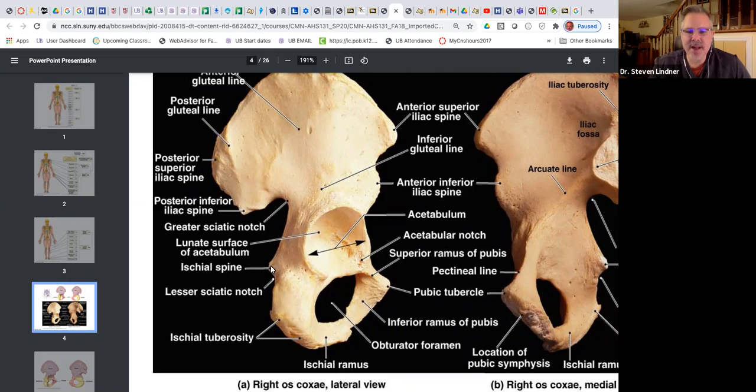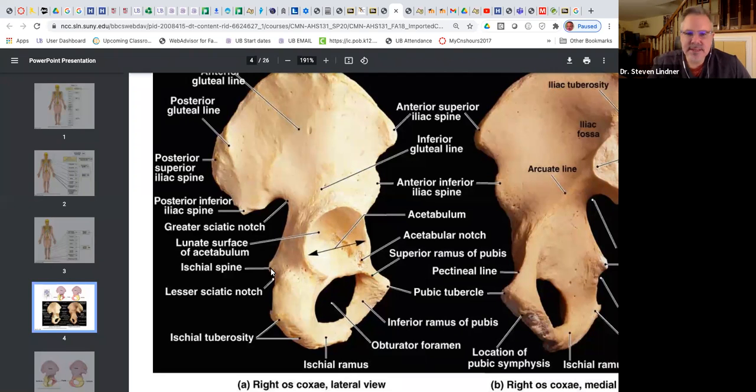The ischial spine is like a pointy structure right here. The significance of it is that it separates the greater sciatic notch, which is this loop, from the lesser sciatic notch, which is down here. So you have a greater and lesser sciatic notch, and what separates the two is the ischial spine.